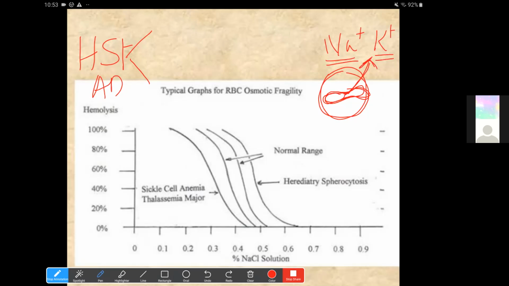Because of this release of cations, there will be features of moderate hemolysis. And the two variants we had read about are the overhydrated form and the dehydrated form.